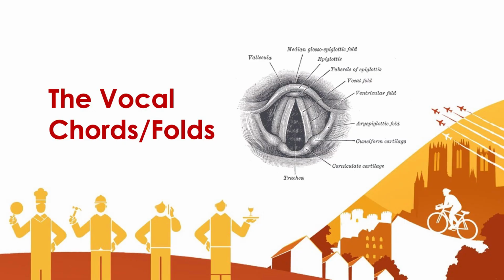So you've heard me mention the vocal folds, or sometimes referred to as the vocal cords. These are two very small flaps which exist in the throat, which essentially move against one another in a wave-like motion. Some people think they hit each other like this, but they don't.